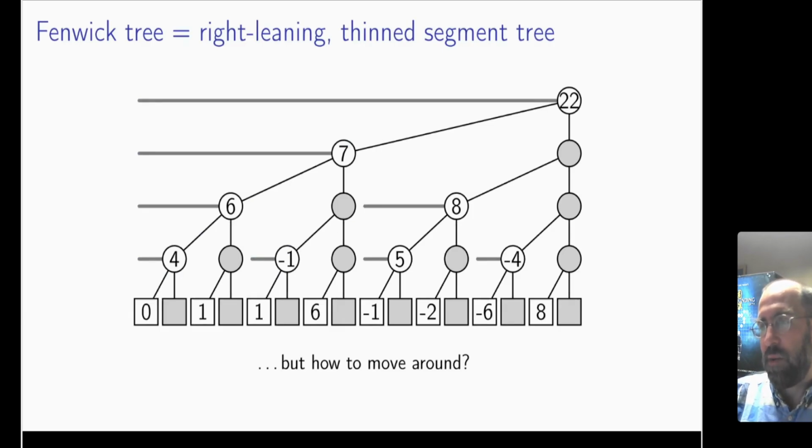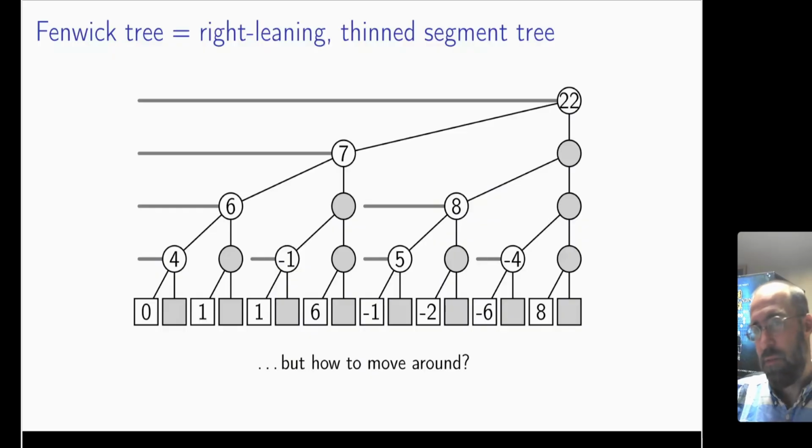But if we keep going, we need to update the 7, which is the parent of the 6, right? And then the parent of 7 is 22, and that's stored somewhere else in the array. How do we know where different things are stored relative to each other? So that's the big question.